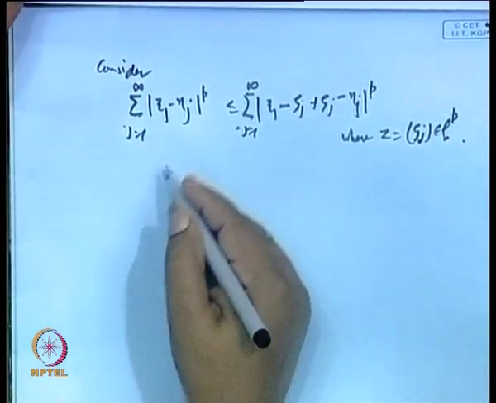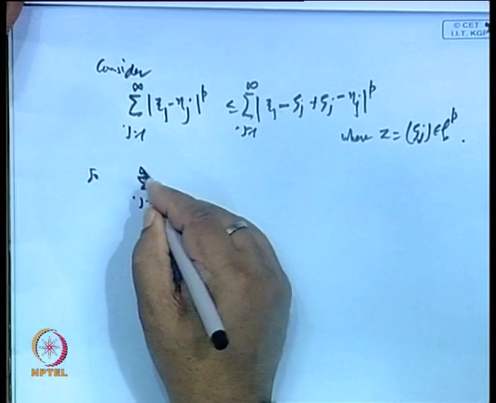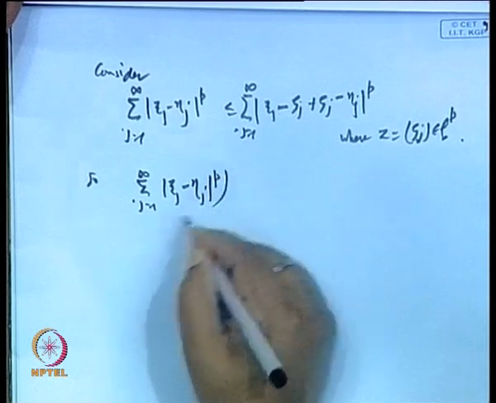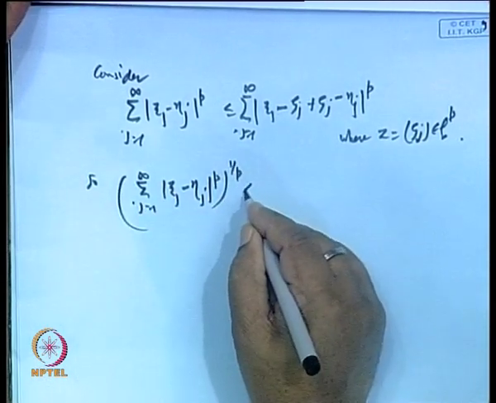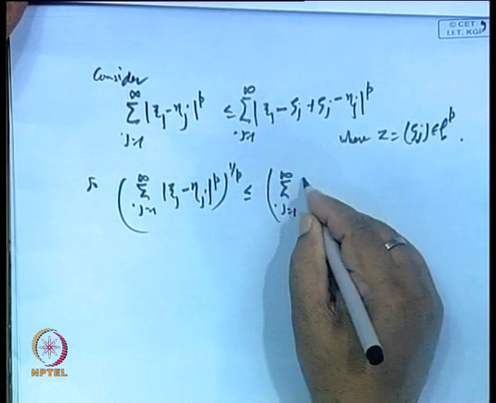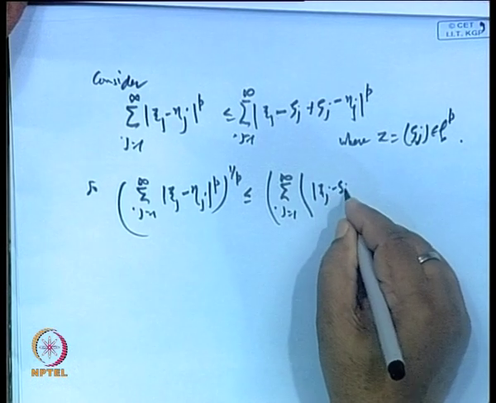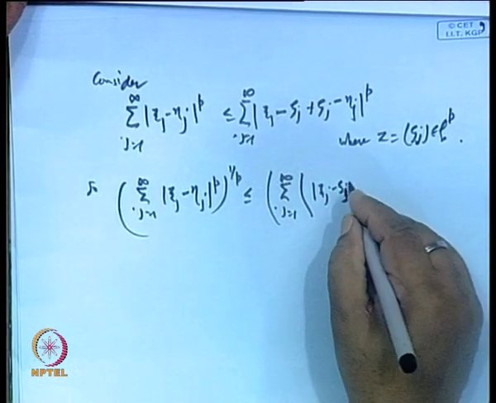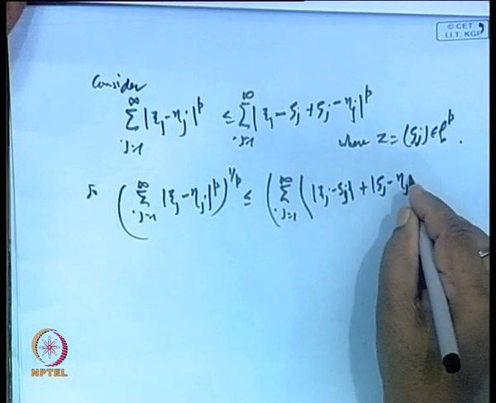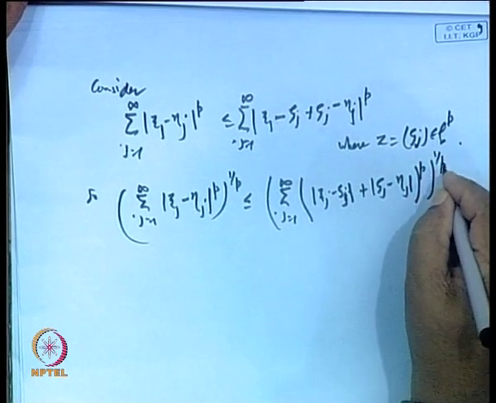Now, take the power 1 by p. Now, this is less than or equal to sigma j equal to 1 to infinity mod of xi j minus zeta j plus mod of zeta j minus eta j, power p, power 1 by p.